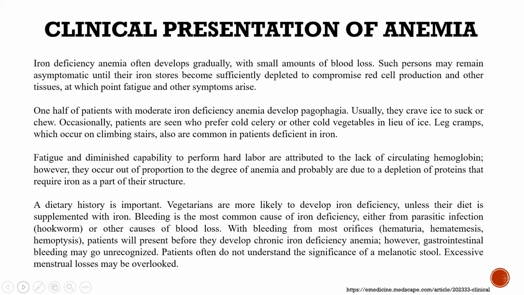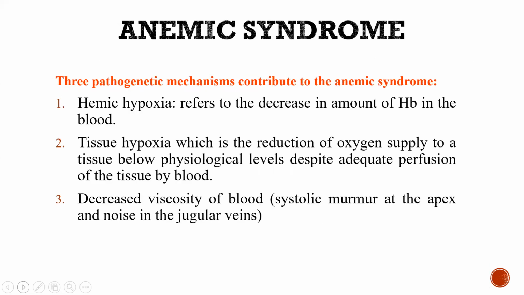Bleeding is the most common cause of iron deficiency, either from parasitic infection or other causes of blood loss. With bleeding from most orifices, patients will present before they develop chronic iron deficiency anemia. However, gastrointestinal bleeding may go unrecognized. Patients often do not understand the significance of melenic stool. Excessive menstrual losses may be overlooked too.